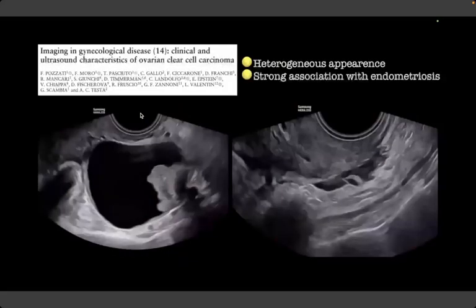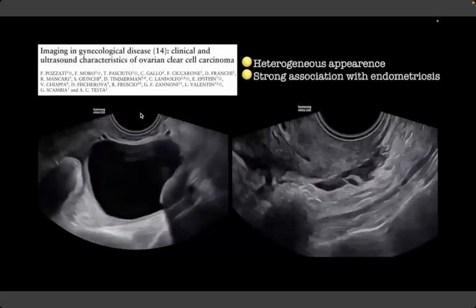Unfortunately, we are not so able to recognize clear cell ovarian tumors, for which there is no specific pattern recognition described. They can have a heterogeneous appearance. They can be unilocular solid, multilocular solid, or completely solid.